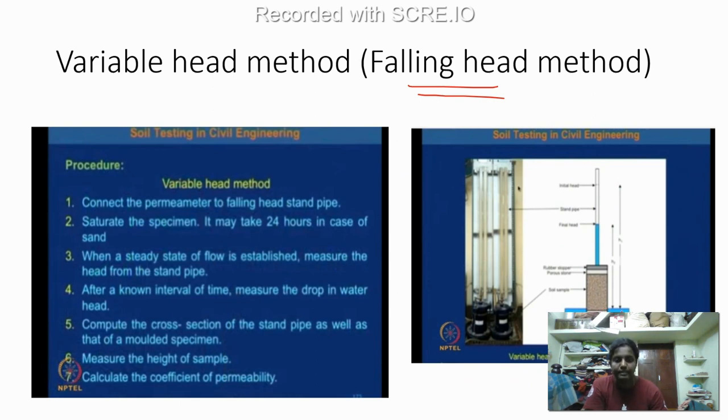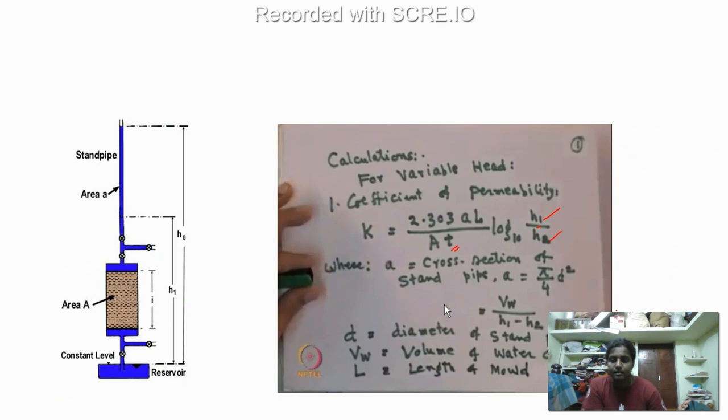That's why we take either the exit, or in this case, here is the reservoir, where the water is open to atmosphere. That is why they have taken that as H. In some cases it will be immediately below the soil. That's why we call that the head. So from H0 to H1 we are going to note down the time taken.